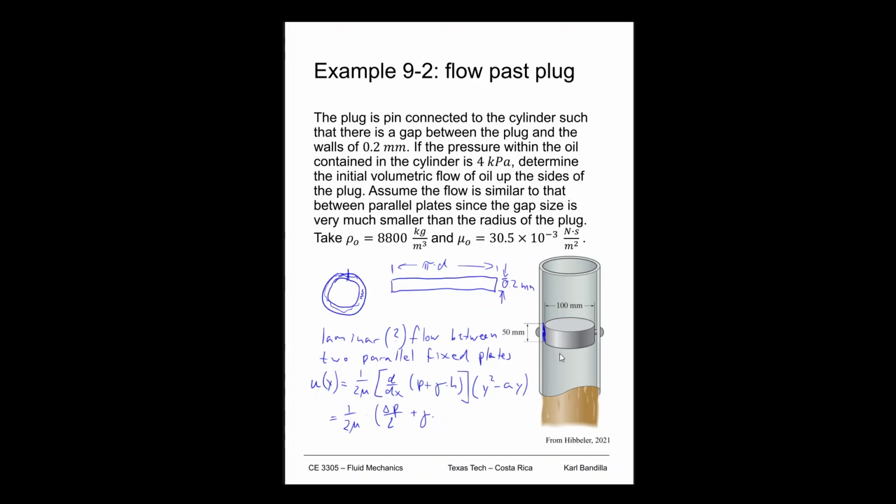Well, the height change is just the height of our little plug here, but the height of the plug is also the flow distance, so that's going to be L. So maybe we can draw that in here, say this is L, right? So that's just going to be L over L, which is nice because that will just be 1. So that is y squared minus ay.